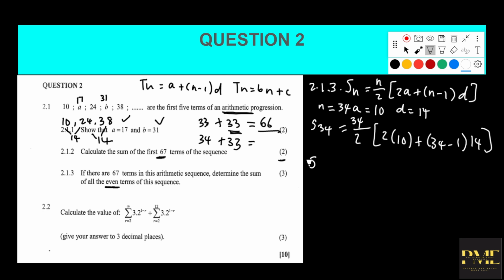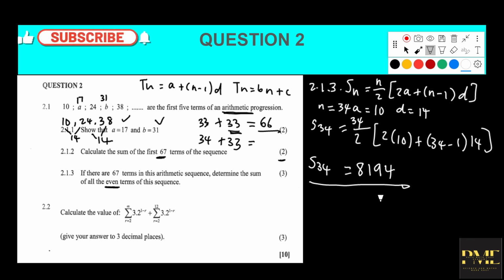And then our sum to 34 terms goes about 8,194 guys, okay. So here we go guys, we've got our sum.